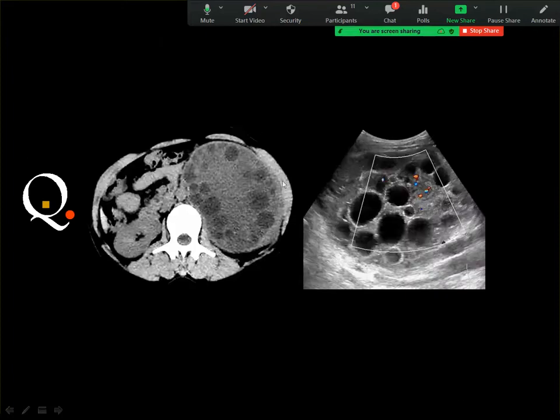Then this is the CT scan without contrast and the corresponding ultrasound with Doppler facility of the left kidney.